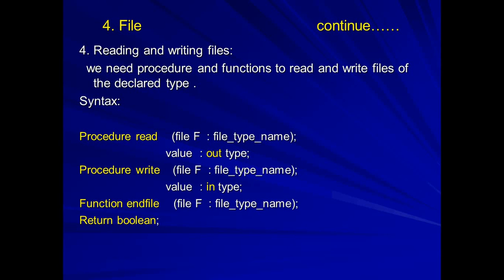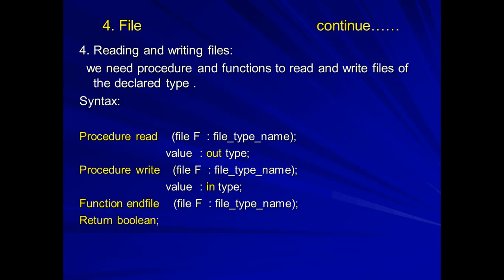Reading and writing the file. We need procedures and functions to read and write the files of the declared type. Let's see the syntax. procedure read (file f : file_type_name; value : out type).